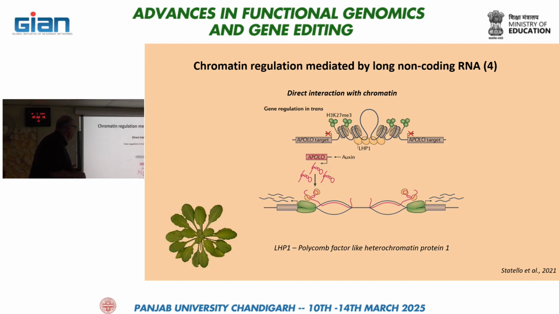This methylation is done with LHP1, which is a polycomb factor. The name is not important. So without the long non-coding RNA APOLO, this locus is inactive because of all this modification in the promoter sites.